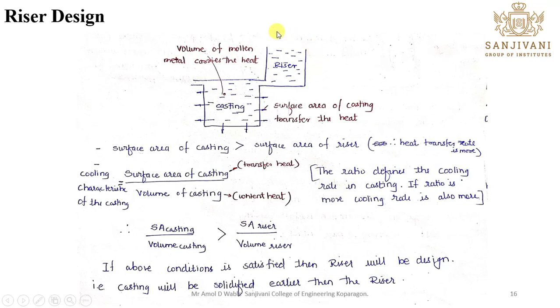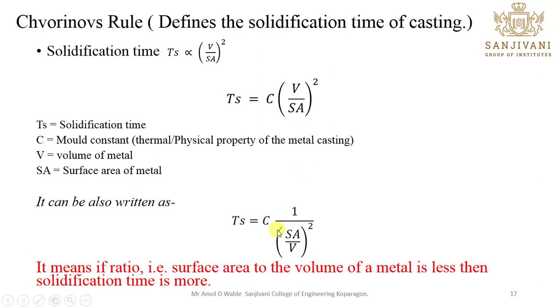So the riser should be designed in such a way that its solidification time is more than the solidification time of the casting. The solidification time of a casting can also be written as proportional to 1 divided by the surface area to volume ratio.